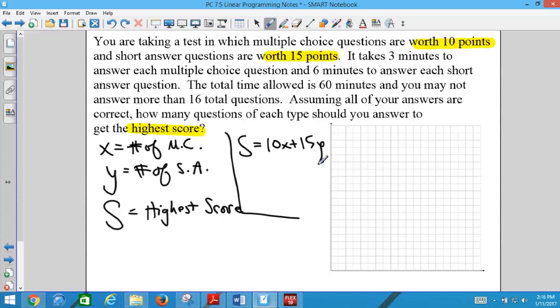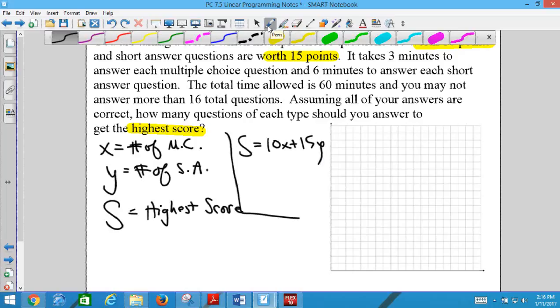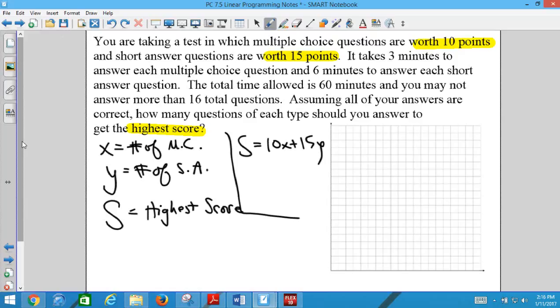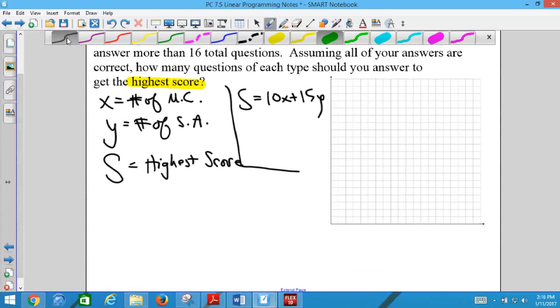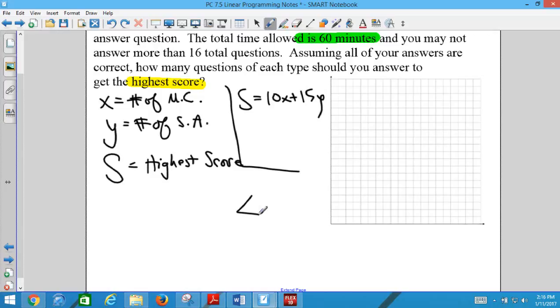All right, what's next? Constraints. So we're looking for totals up here. What's a total up here? 60 minutes. So 60 minutes has to do with 6 minutes and 3 minutes. All of that goes together. It's time. They all go together in the same equation. So we're going to have one constraint, and it says less than or equal to 60 minutes, right?